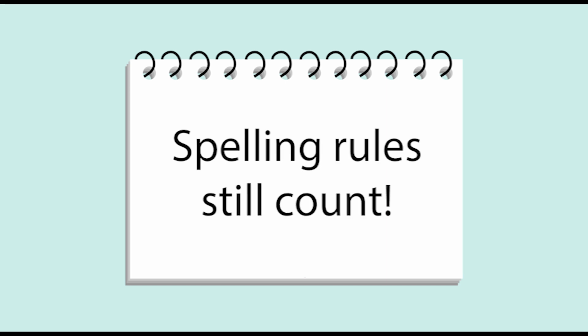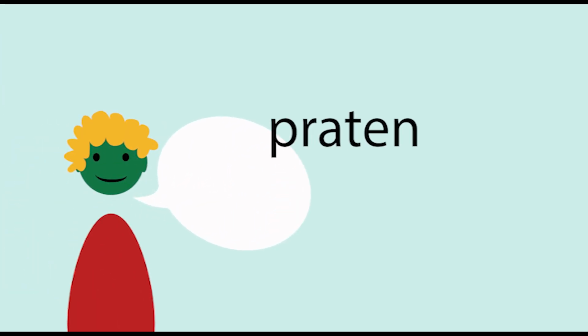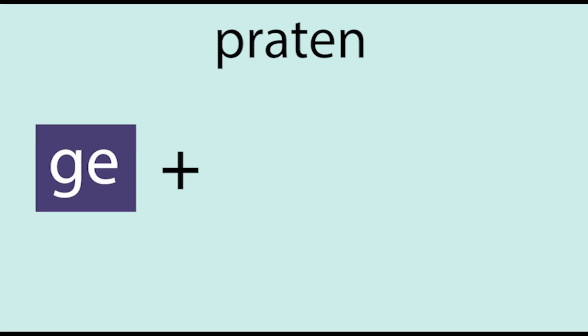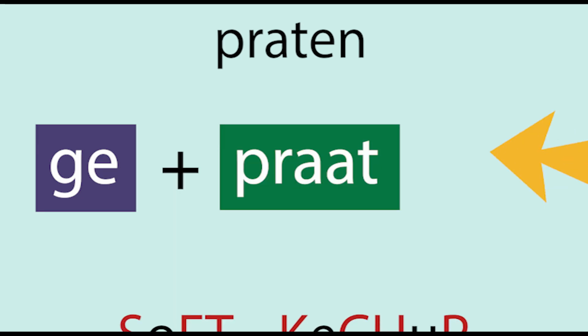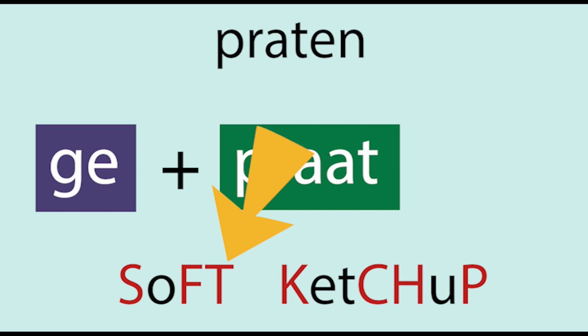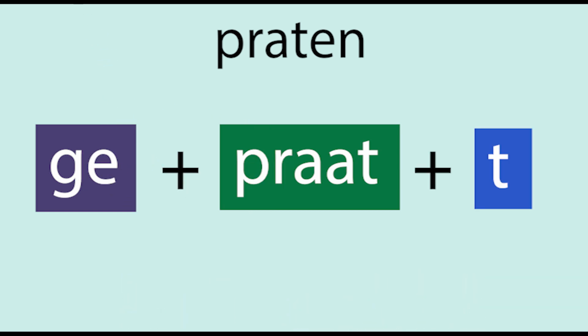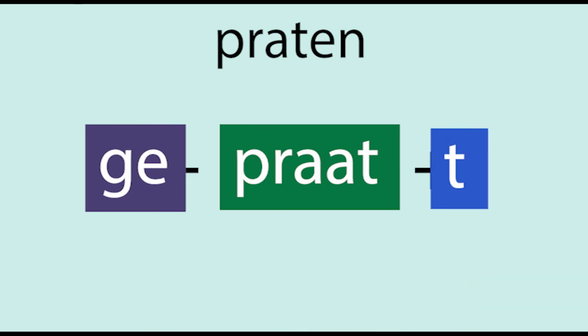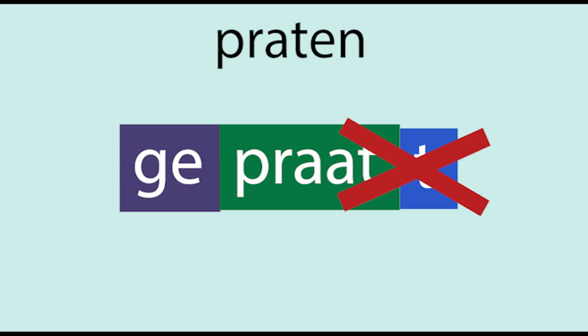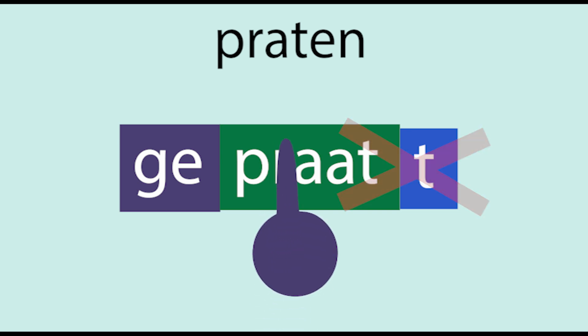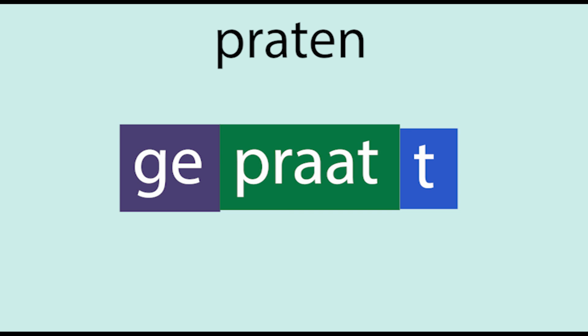Note the normal spelling rules still apply. So let's take praten. Ge plus praat. T is in soft ketchup, so that would give us a T as the final letter. Gepraat. Ouch! There's never a double consonant at the end of a word in Dutch, so let's stick with gepraat.